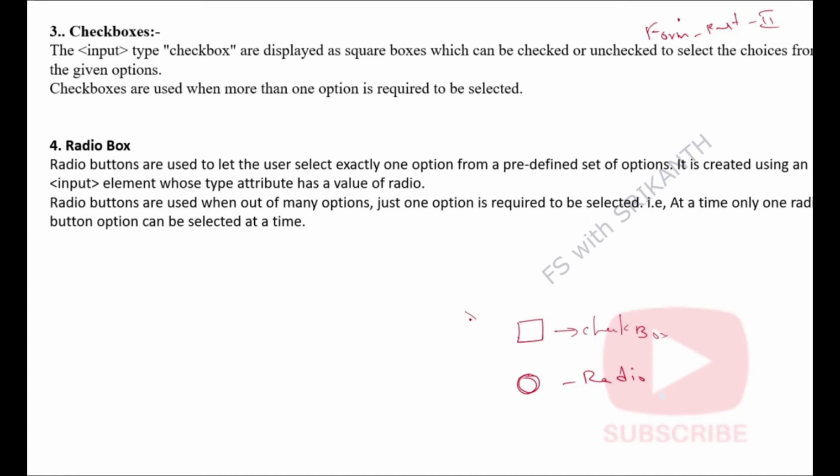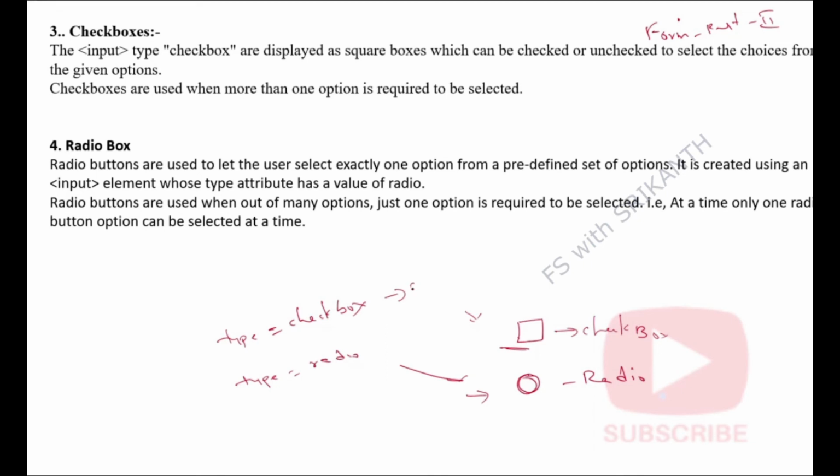With checkboxes, we collect multiple answers from the user, and with radio buttons we get only one answer from the user. From multiple options, the user may check only one option, right? So when we use type equal checkbox, automatically this one will be created. And when we create type equal radio, this will be created.